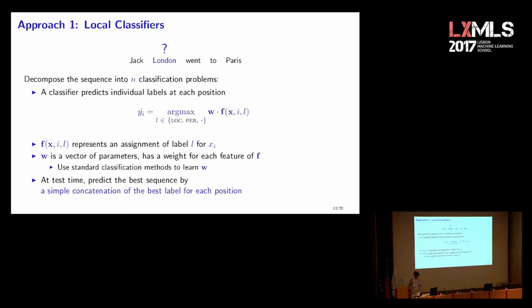So if we have a trained w, how are we going to produce a sequence of outputs? Well, it's very simple, because at each position, we just need to do a classification. So at test time, we predict the best sequence by going over each position, predicting the best label at each position, and just putting them together, okay? It's really very simple, okay?